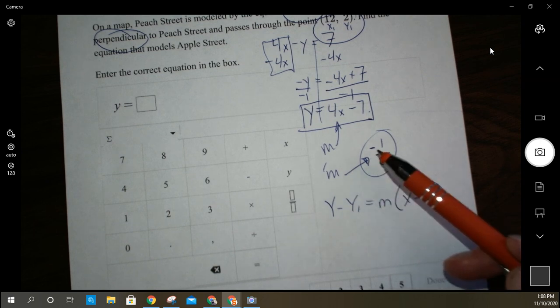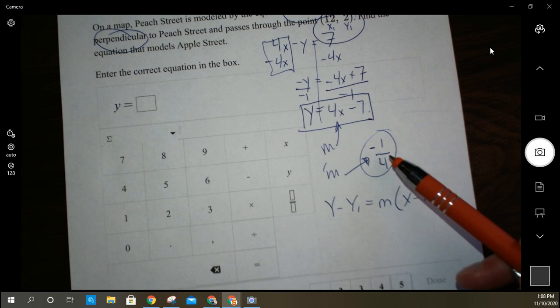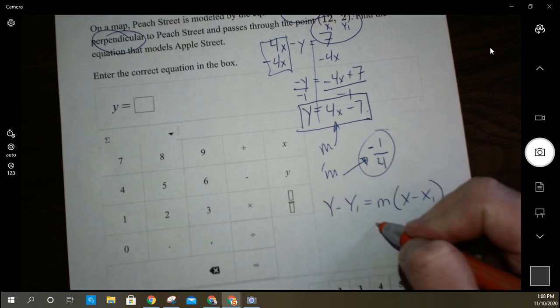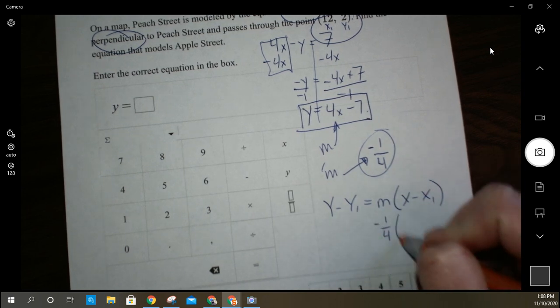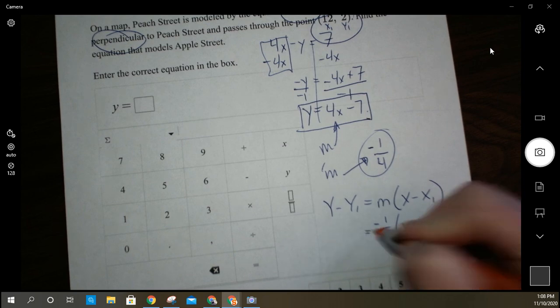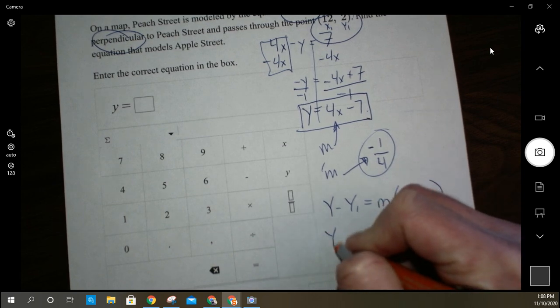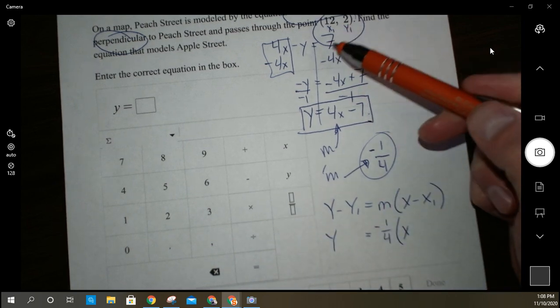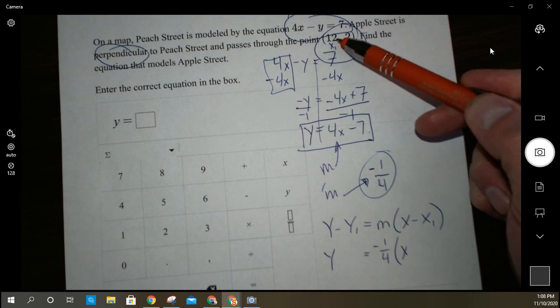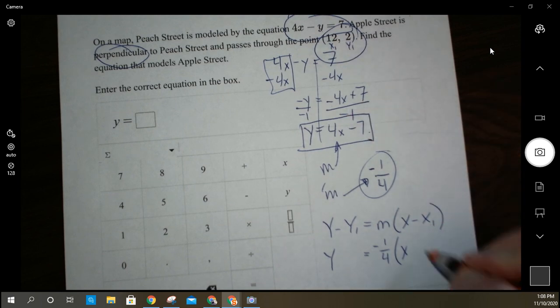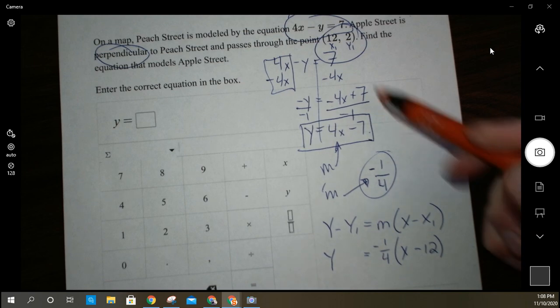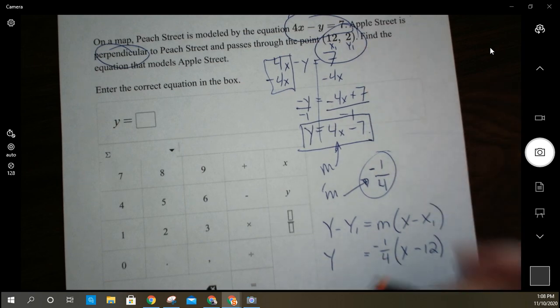Let's go ahead and input what we know. We know slope's going to be negative 1/4. We also know up here that x1 is going to be 12. And that y1 will be 2.